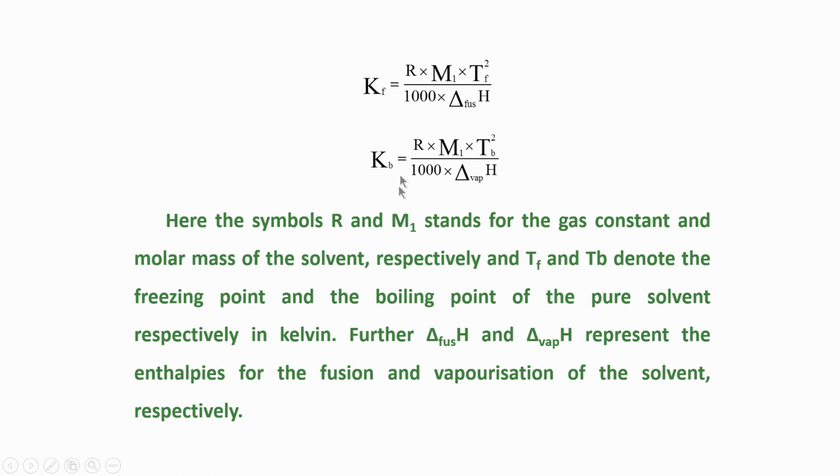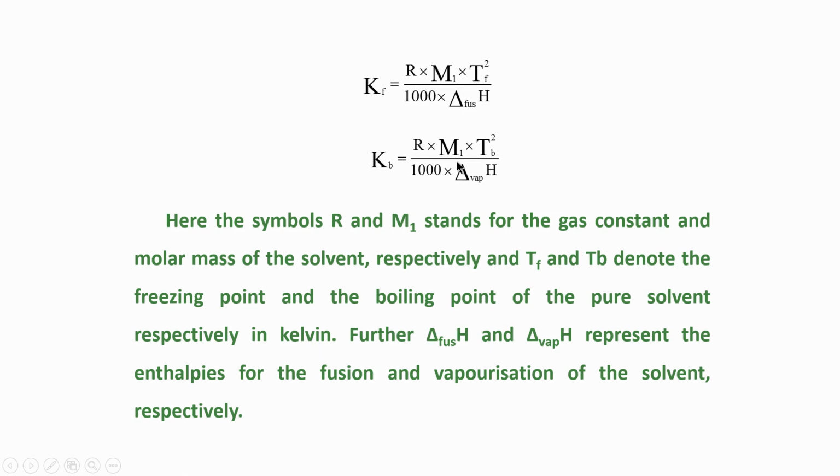Here the symbols R and M1 stand for the gas constant and the molar mass of the solvent, and Tf and Tb denote the freezing point and the boiling point of the pure solvents in degrees Kelvin.